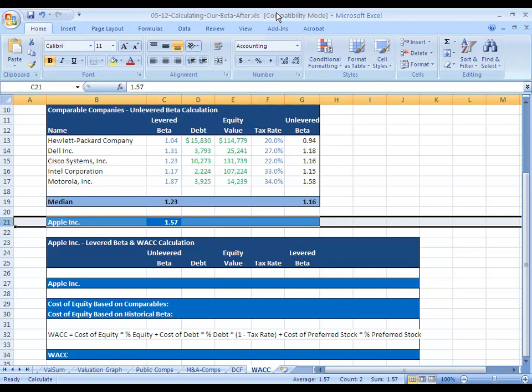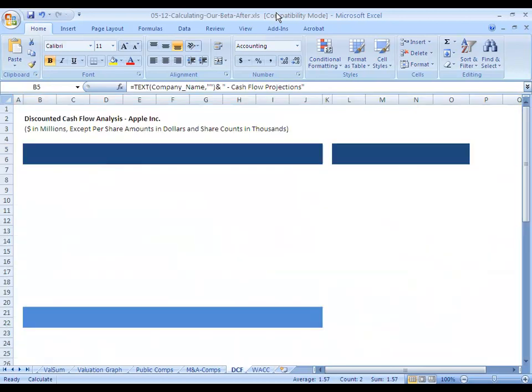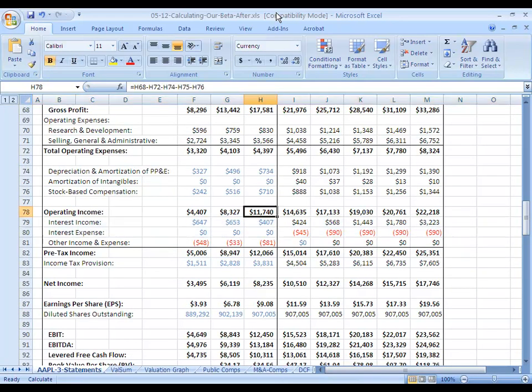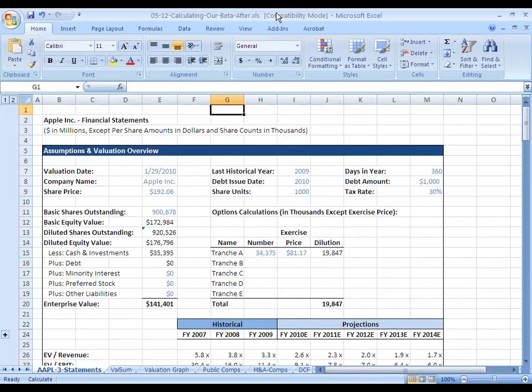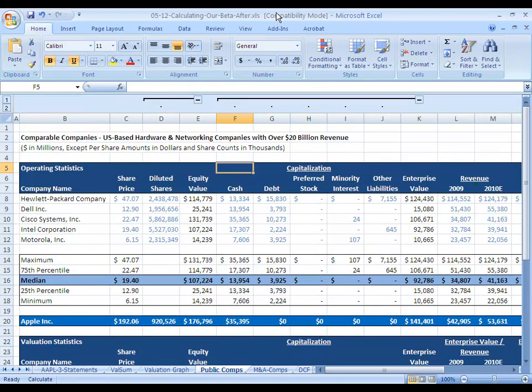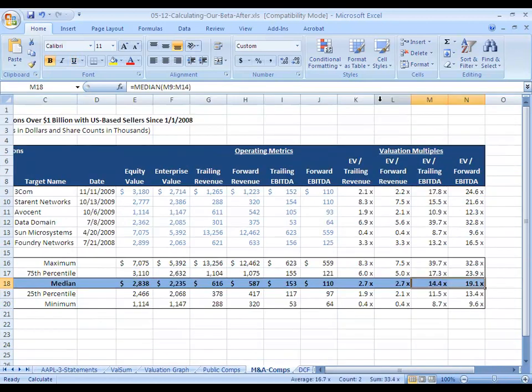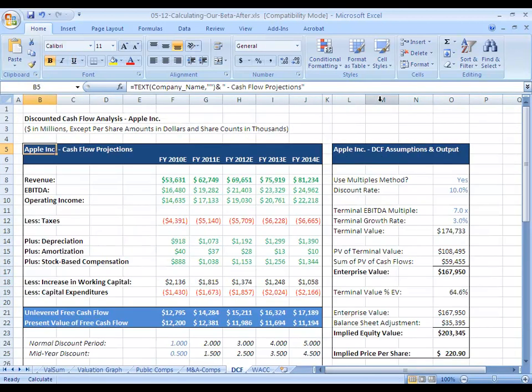The reason why we do this is actually very similar to why we value the company in the first place. Remember, we could look at Apple's current equity value and enterprise value and say, okay, Apple's enterprise value is 141 billion, that's how much the company's worth. So we could do that. But what we're actually doing in this case is we're looking at public company comparables, at M&A transactions, and at the DCF, and we're trying to establish from these what Apple's true value should really be.